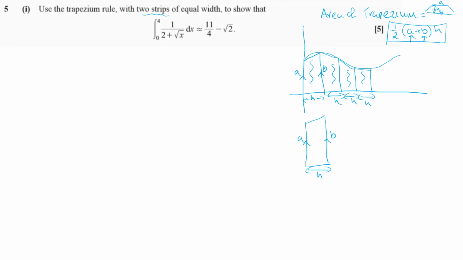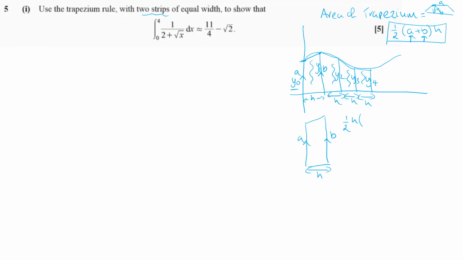So you're going to have a half h, and then instead of calling them a and b, you call them y naught, y1, y2, y3, and y4. Now because we start at y naught and we've got 4 strips, there's actually 5 of these vertical lines, and they are called ordinates.